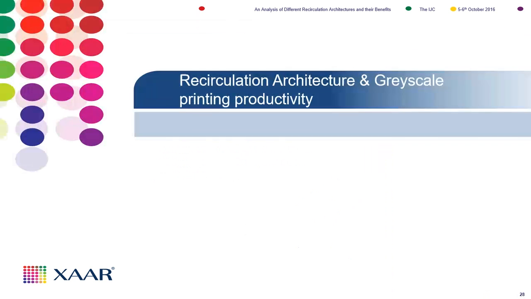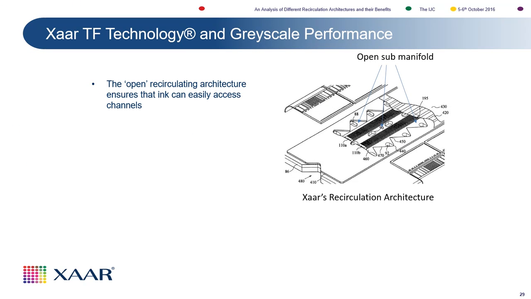So the last thing comes back to the greyscale performance and output. With TF technologies, just to keep saying this, the open recirculating architecture ensures that the ink can get easy access to the channels.